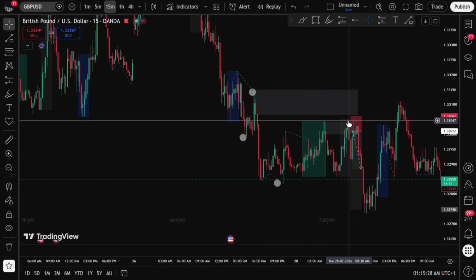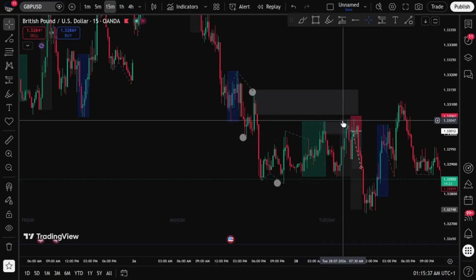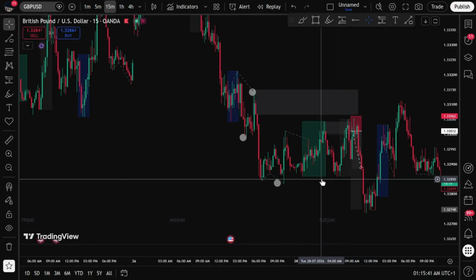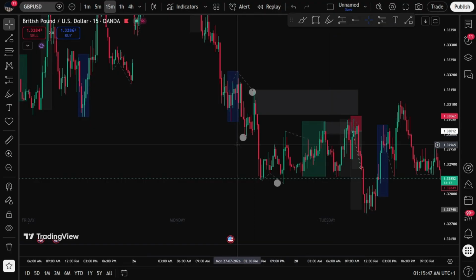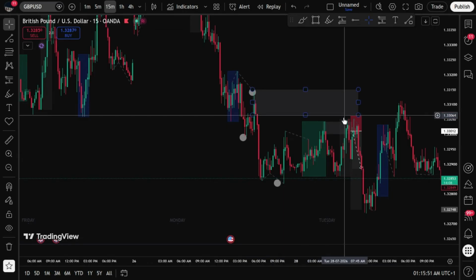Plus, you can see it also had a little absorption at the top. So price came and then took out whatever was there, which makes it valid. Price took out the Asian low and then the Asian high, and then this is a pretty solid supply zone in my opinion. So the structure is already in place, and then this is my POI.